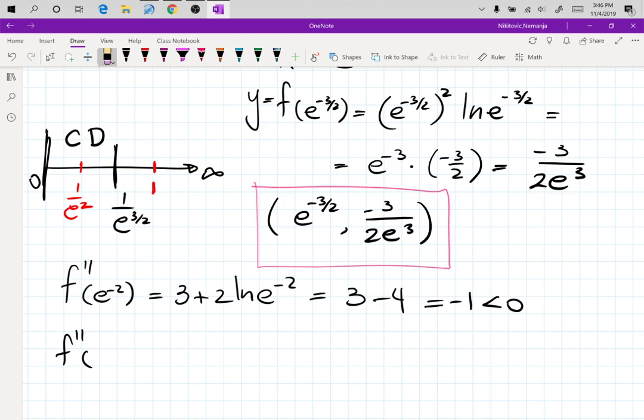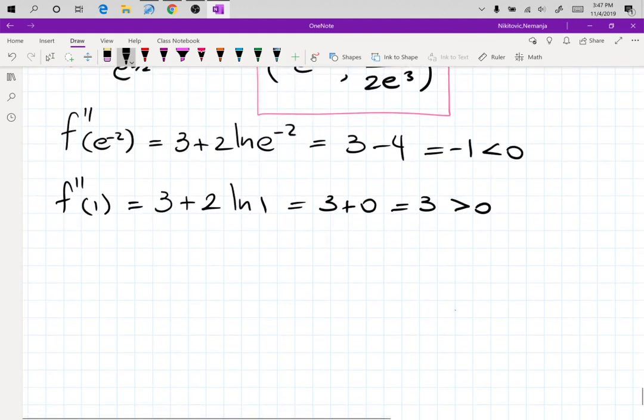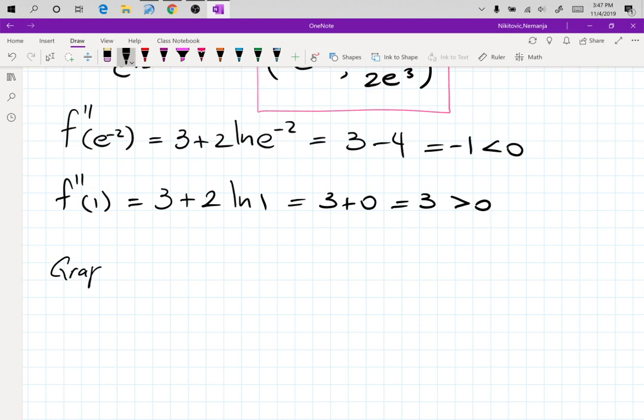So 1, and that's 3 plus 2 ln of 1, which is 3 plus 0, which is 3. And that's concave up. So the second derivative gives us concavity. The first derivative gives us increase and decrease. We should be able to graph from this point.